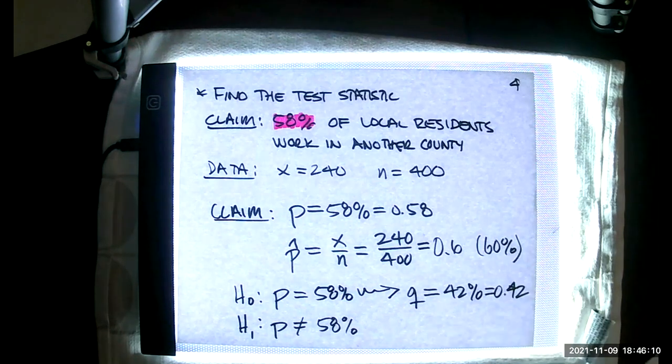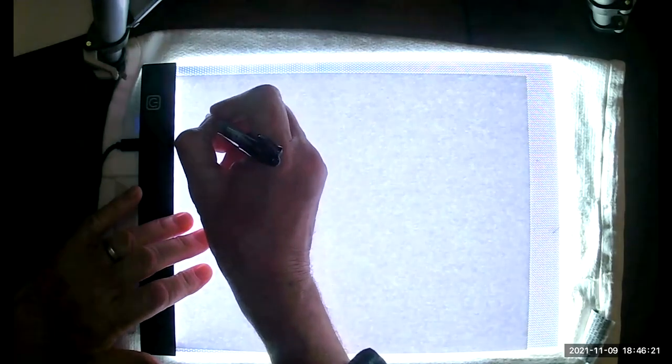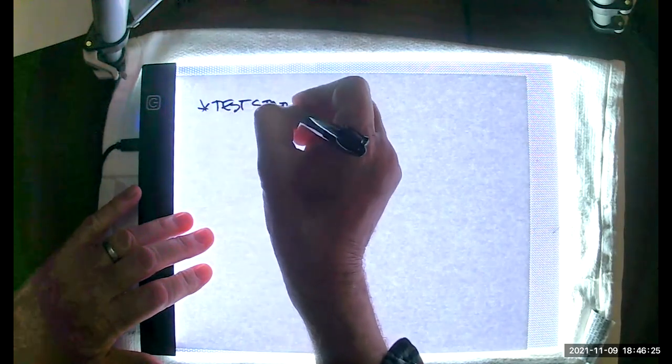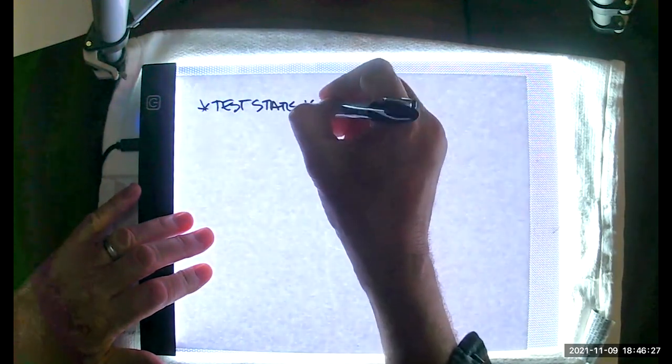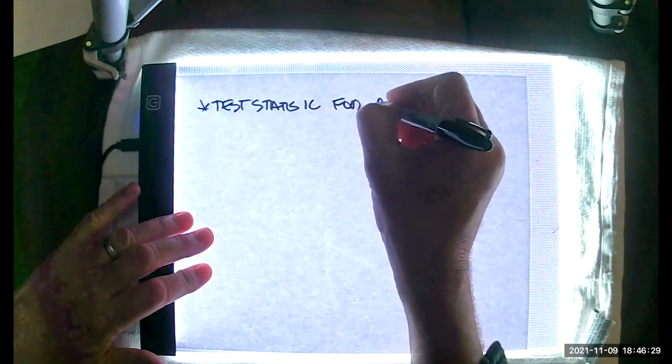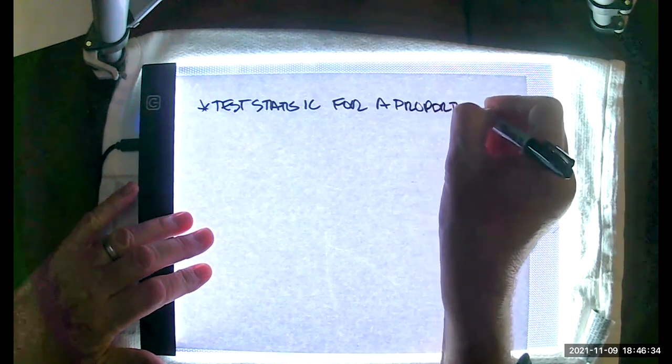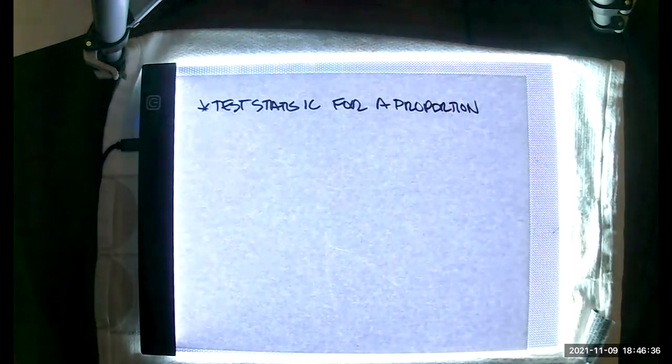So let me get a fresh piece of paper here. Now that test statistic formula is a play on the central limit theorem when we're working with a proportion. We'll look at the mean in a little bit.